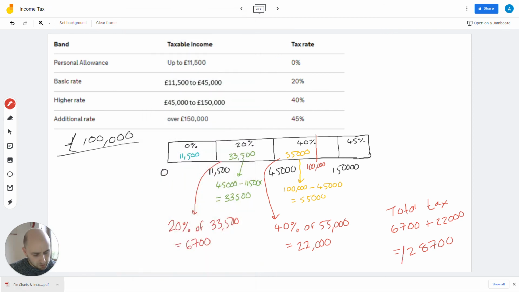So they're paying that much tax. Ouch. So hopefully that makes some sense to you. If it doesn't, rewatch it. You know, I do advise that you do this table. I do advise that you try and chunk that money up and then work out the percentages.